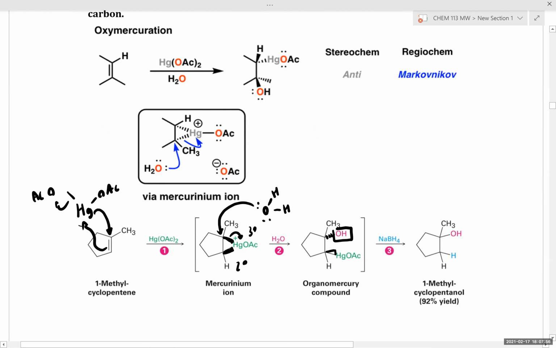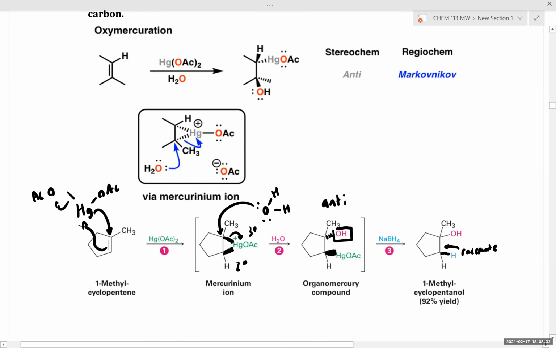And one thing I'd like you to appreciate is that our alcohol and our mercury are installed with anti-stereochemistry. Now, you may wonder, why isn't the book showing this anti-stereochemistry? This brings us to our next point, where even though you install the mercury anti to your alcohol, in the second step, the reduction with sodium borohydride leads to a racemate at this position.